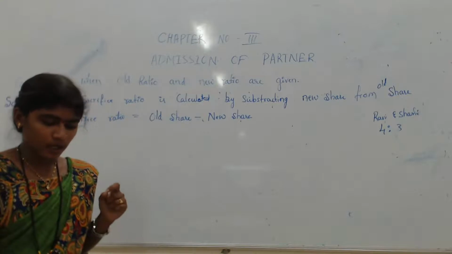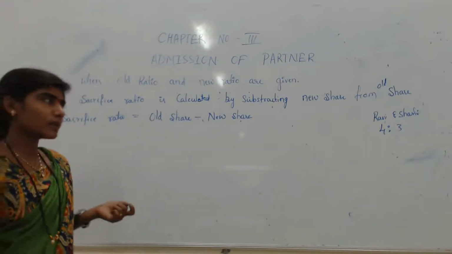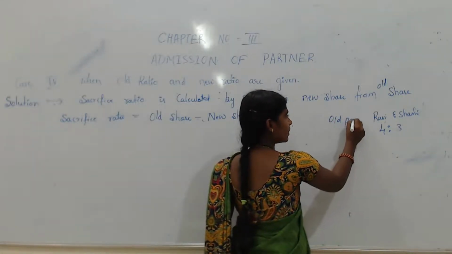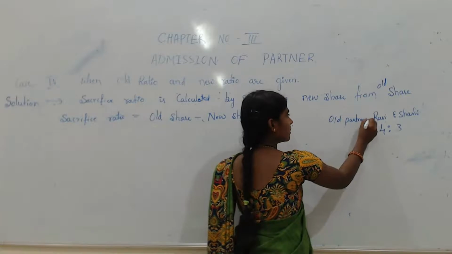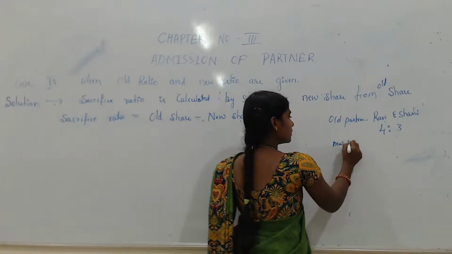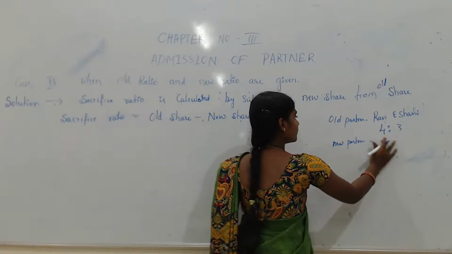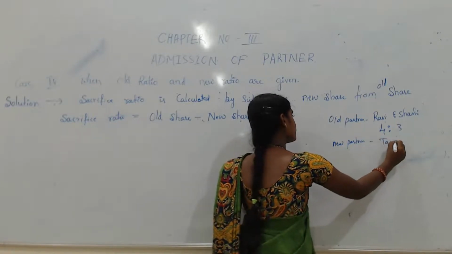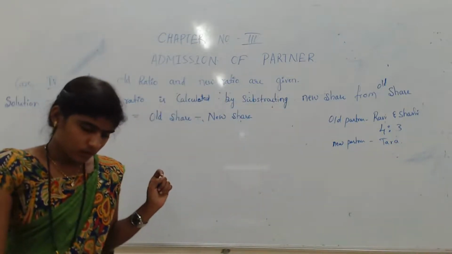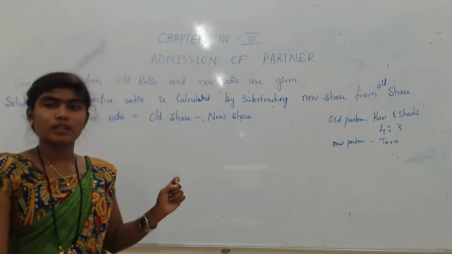They admit Thara into the partnership. So Thara is a new partner. The old partners are Ravi and Shashi, and the new partner is Thara. Then the new profit sharing ratio is 2:1:1.